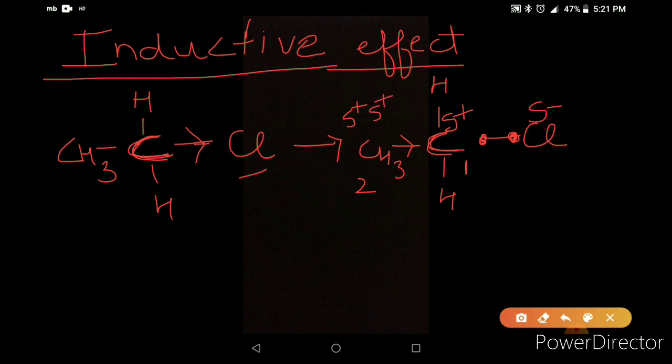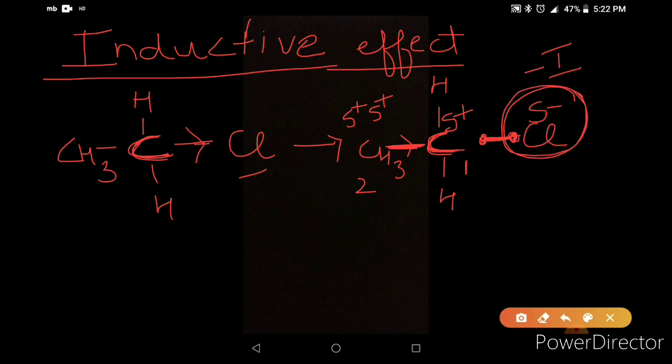So this effect operates through sigma bonds: the sigma electrons of chlorine and the sigma electrons between the next two carbons. The atom which becomes partially negative, such heteroatoms or radicals, we will say they show minus I effect.